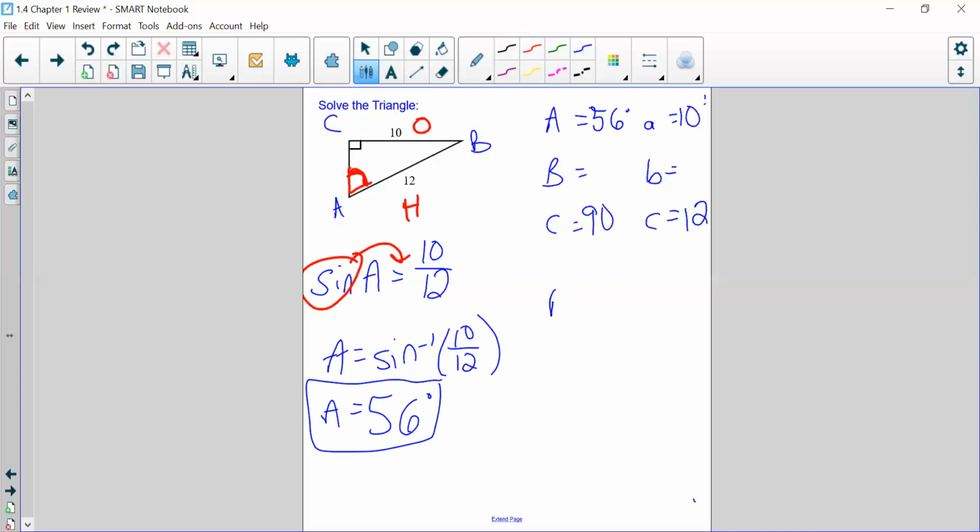Angle B, I'm just going to subtract. So 180, take away 90, take away 56. That's a 34-degree angle.